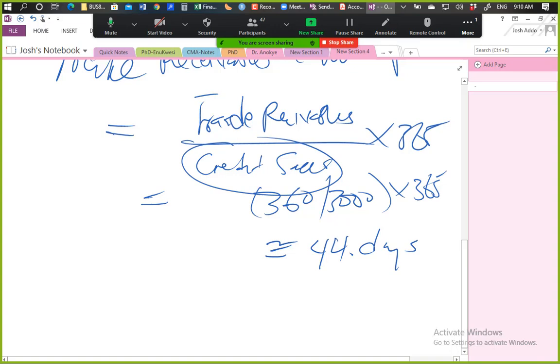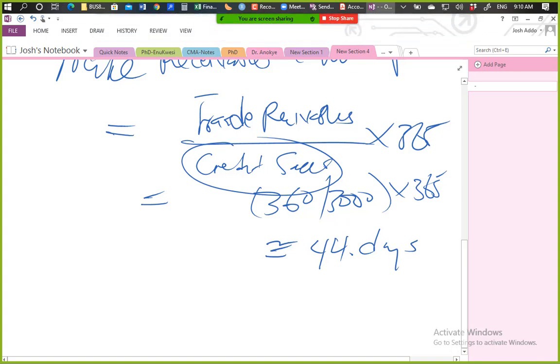It will be 1 month, 2 weeks. Okay, 1 month, 2 weeks is within reasonable time. So the figure by itself alone is not too alarming.